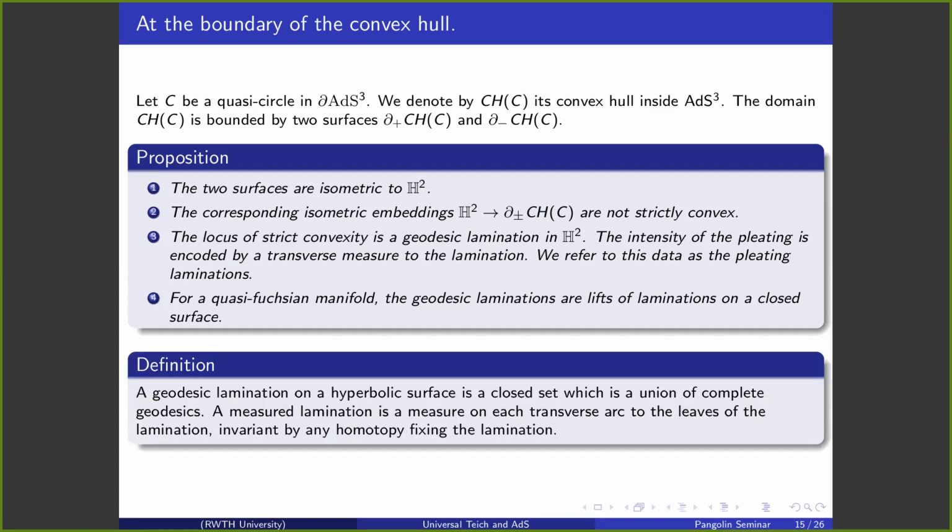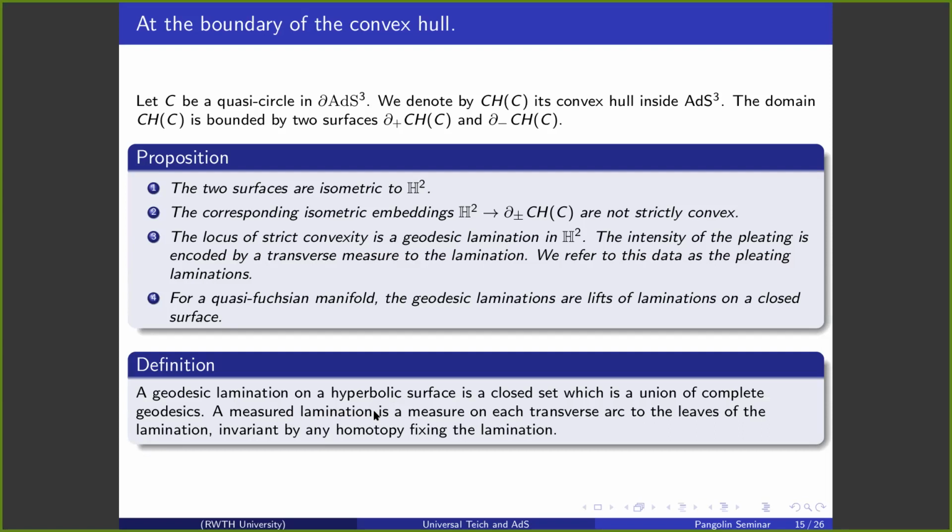Okay, so all adds up. The embeddings are described by this data: a geodesic lamination, which is a closed subset of H2 made as a union of complete geodesics, and transversally to this geodesic lamination, there's a measure, and the measure is telling you how much you bend along the geodesic.